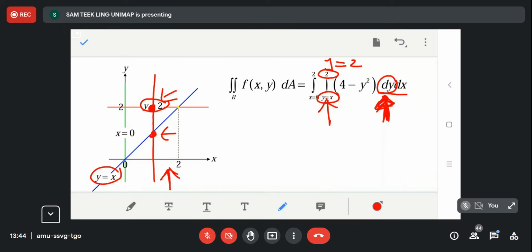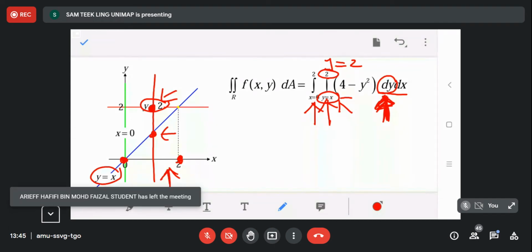So after this, you can see your x. x is from here to here. So 0 to 2 for your x. So this one, your x, 0 to 2. You can see in the first integral, you can get a value, this one, x.